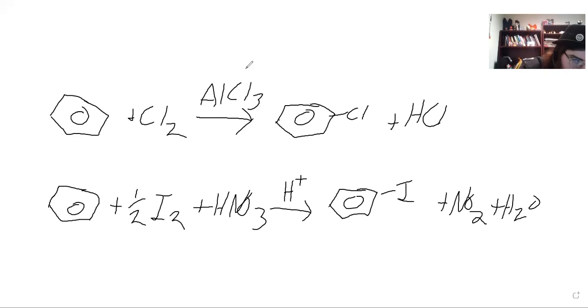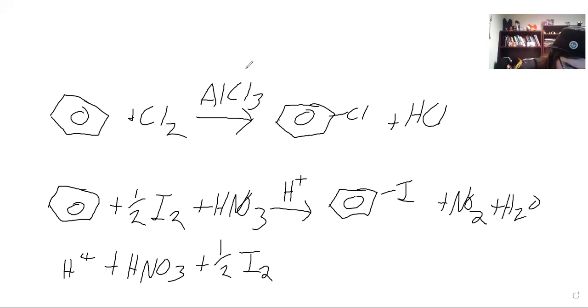The actual reactive mechanism, I mean, it starts very similar. You have H plus, we have to activate our iodine. H plus and HNO3 and our iodine. It's going to split it into I plus and NO2 and our water.